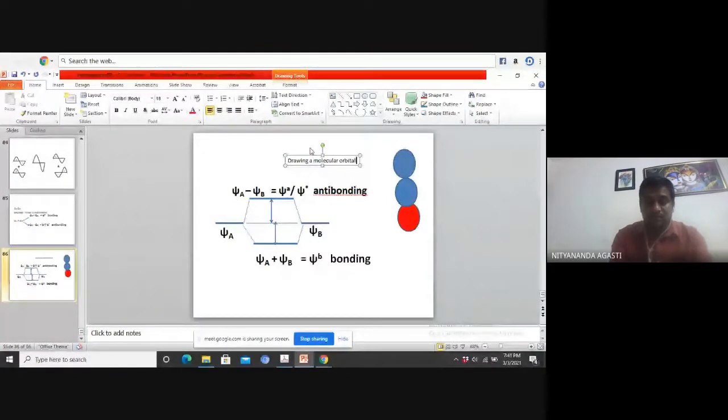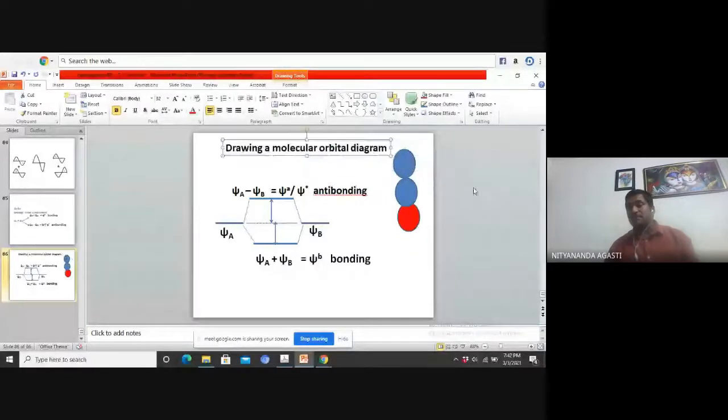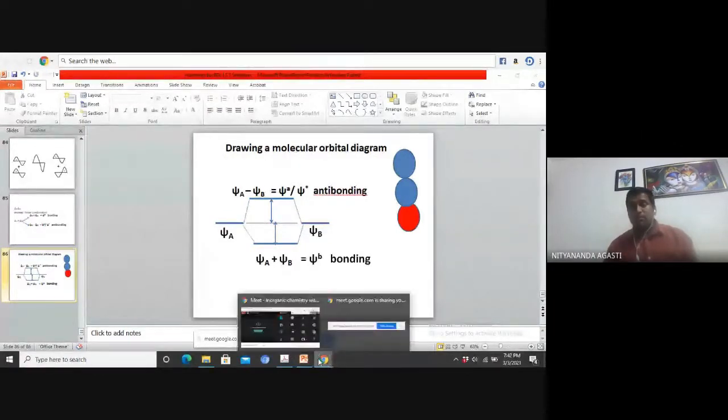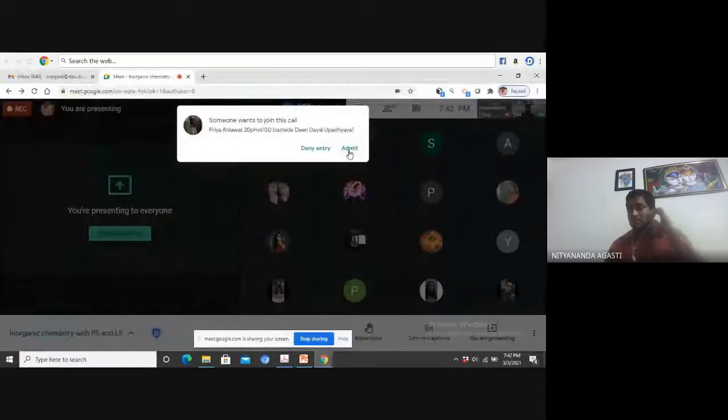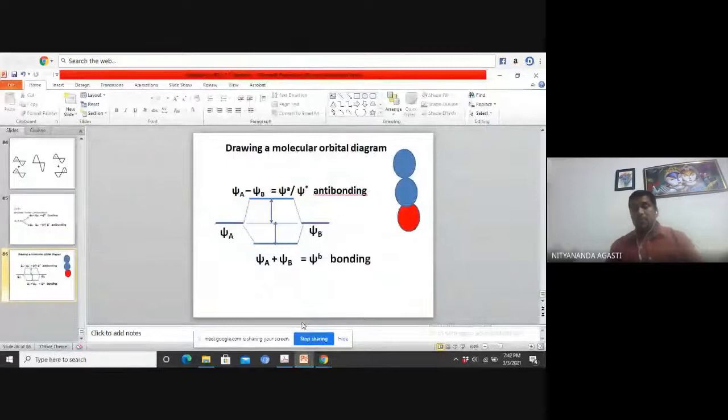You must be thinking, what is this molecular orbital diagram? See, what are we discussing altogether? We are discussing how atoms are combined through covalent bonds to form covalent molecules. Through this molecular orbital theory, we are trying to understand how atoms are combined to give covalent molecules.